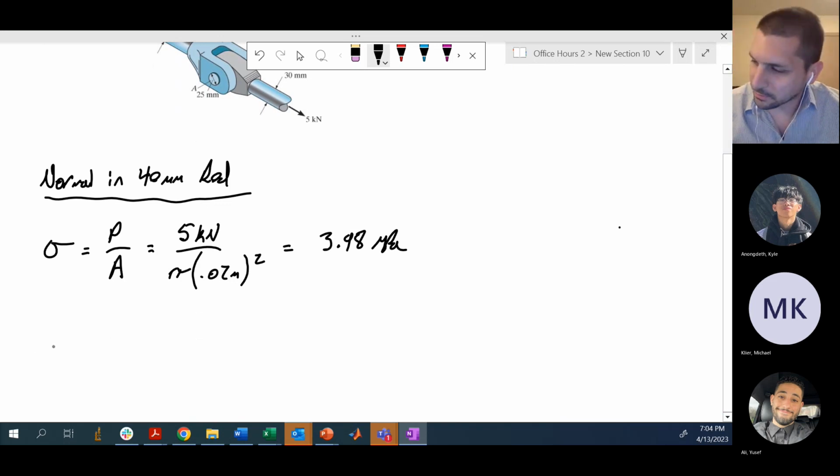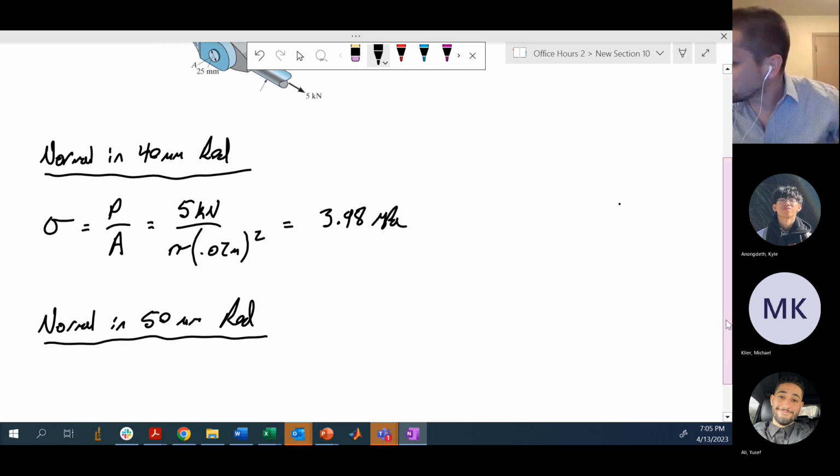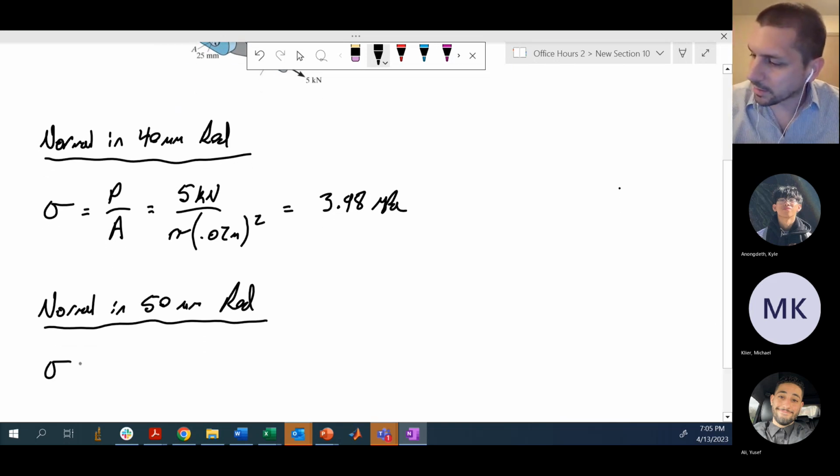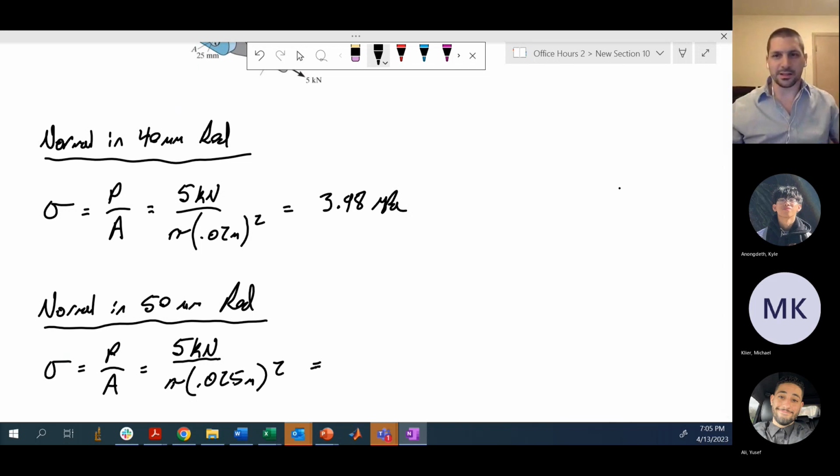You can do the same thing in the 50 millimeter rod. Again, same idea: normal stress is P over A. The rod here has the same load, 5 kilonewtons, and our cross-sectional area is just slightly different, pi times the radius, 0.025 meters, squared.